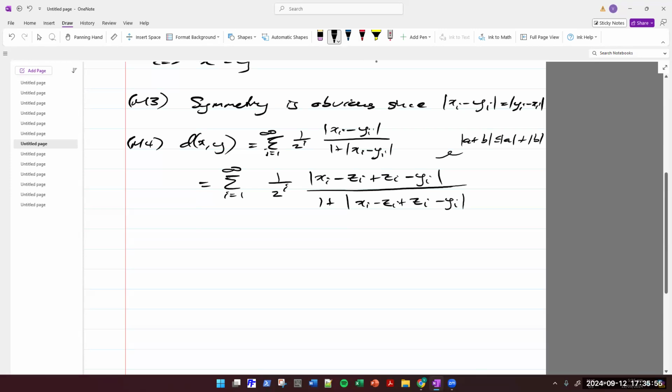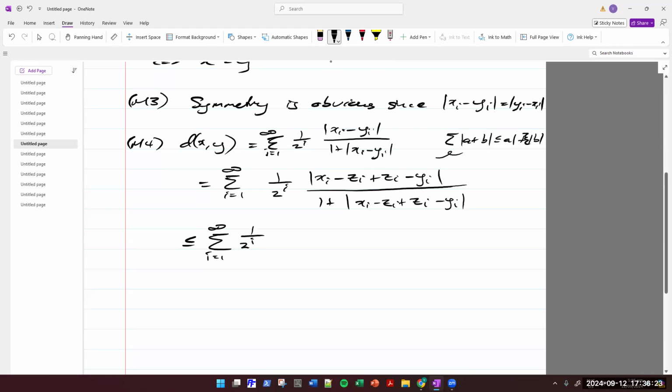So if I sum over here, that's less than or equal to this sum plus this sum. So this is less than or equal to the summation, i goes from 1 to infinity, where this term I'm taking as A and this term I'm taking as B. We'll handle the denominator in a bit. Let's just focus on the numerator.